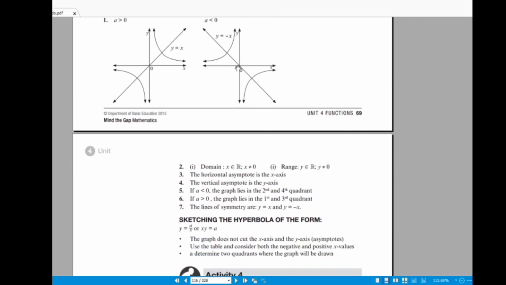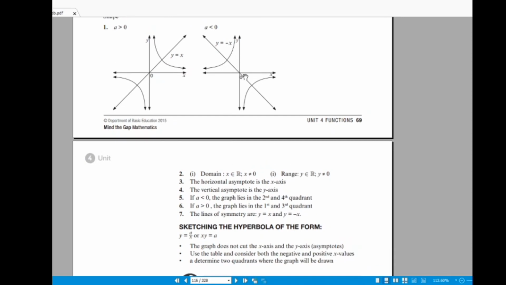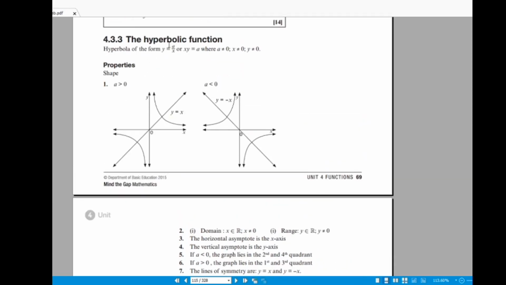There will be questions where they want you maybe to write down the equations for those lines. So it's easy for the standard hyperbola, because you know it's y equals x if our graph lies in the first and third quadrant, and y equals minus x if our graph lies in the second and the fourth.